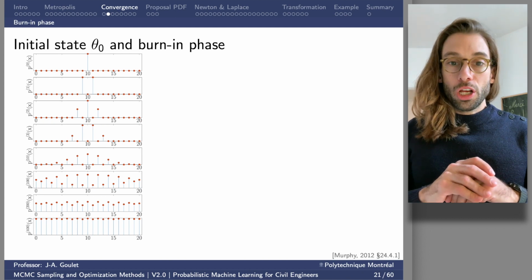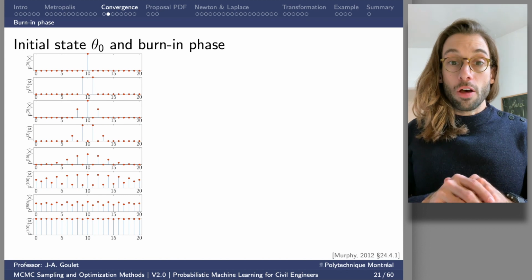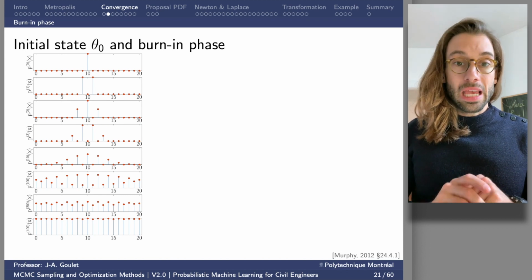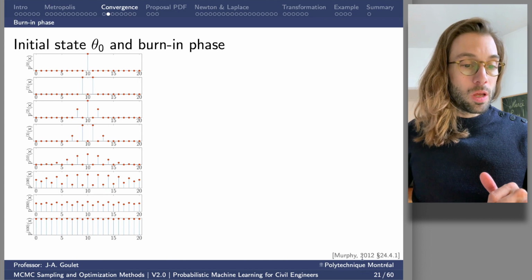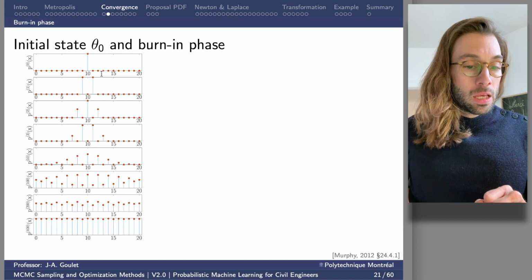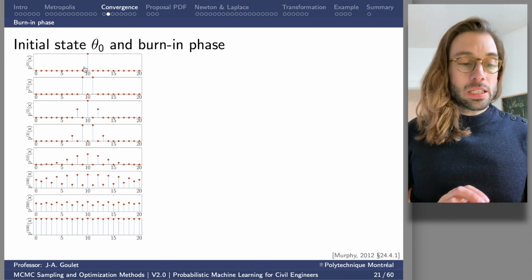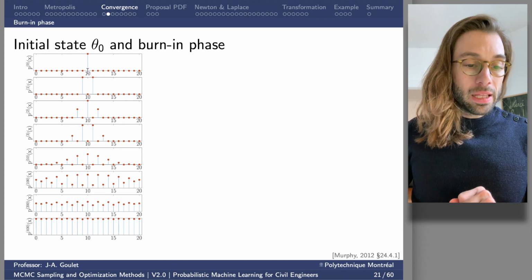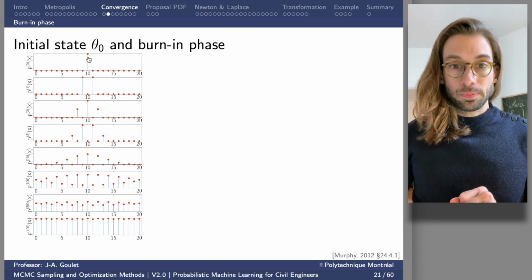First, we're going to illustrate the importance of initialization through an example that you can find in Murphy's book, Machine Learning: A Probabilistic Perspective. What you see here is an example of a stochastic process. In that stochastic process, we start at step 0 at an initial location, here x equal 10.